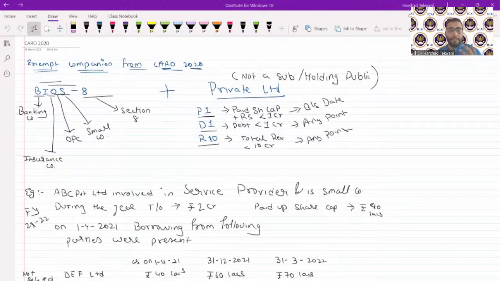In exam, Schedule 3 and CARO both are important topics because both cover a good amount of marks. So I'll suggest please read these things because they are very important topics. And they contain a lot of amendments also.